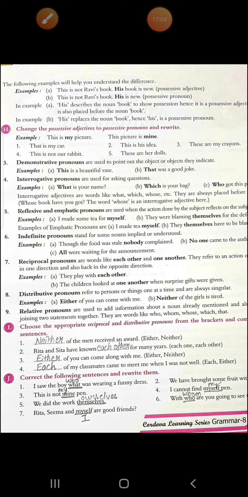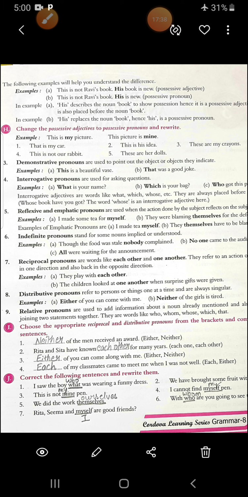Then, what is there in the first one? That is my car. How will it be changed into a possessive pronoun? That car is mine. Now can you see that my car, the position of this is replaced?